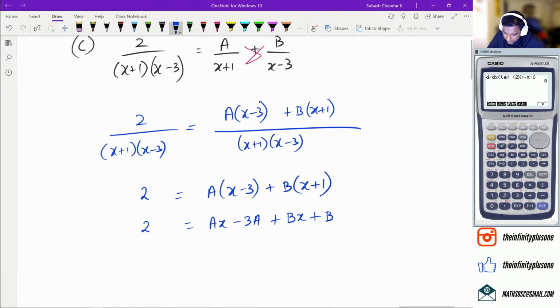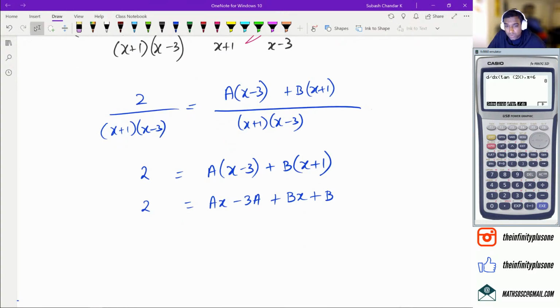This is very similar to when we used to match real and imaginary. If you think about this, I'm just going to rewrite this 2 as 2 plus 0x. What I'm essentially saying is that negative 3a plus b is equal to 2, while bx plus ax equals 0x.